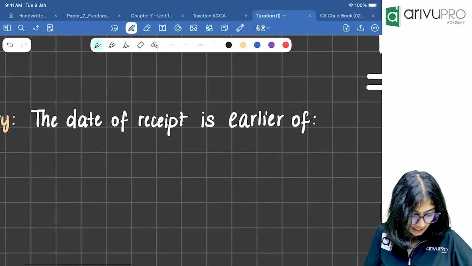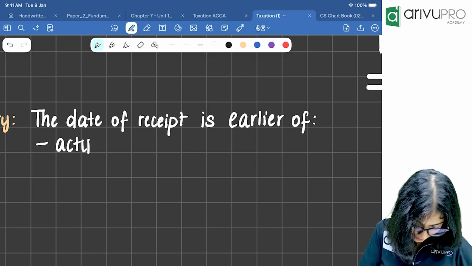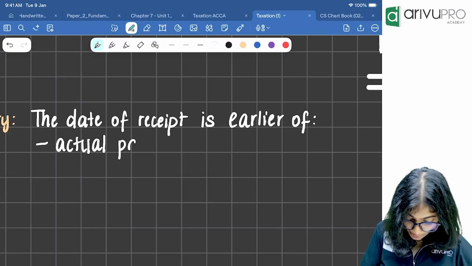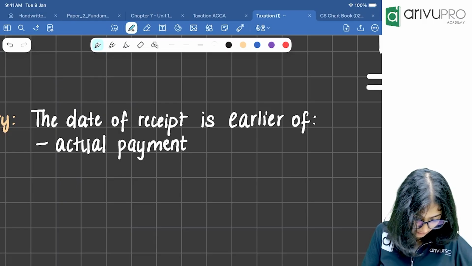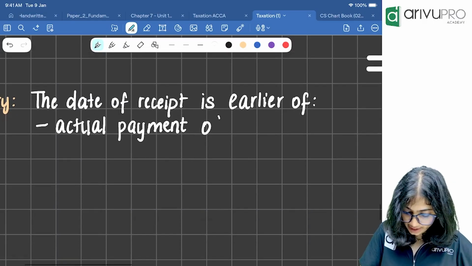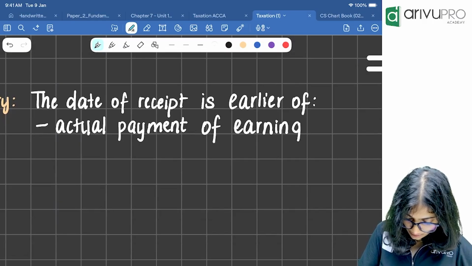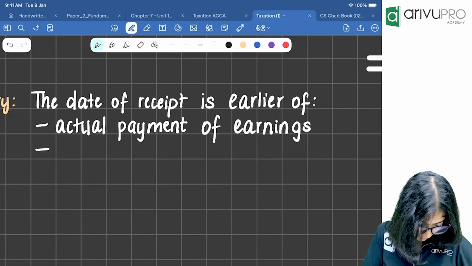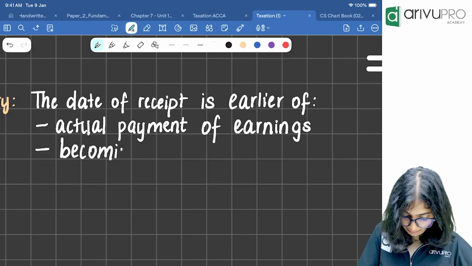two things. First is actual payment, the day when you actually get paid, actual payment of earnings, or becoming entitled to such payment.